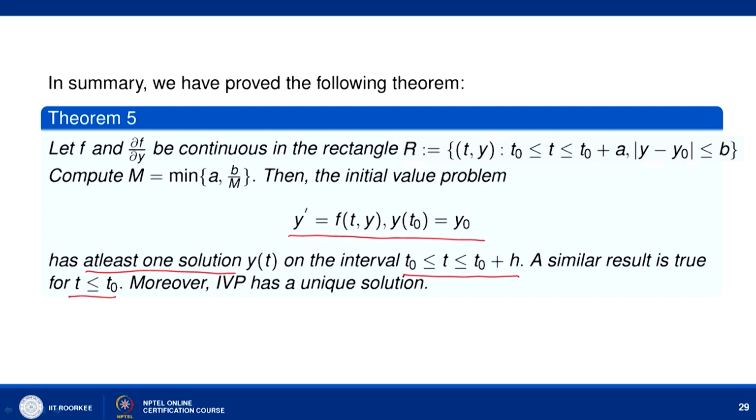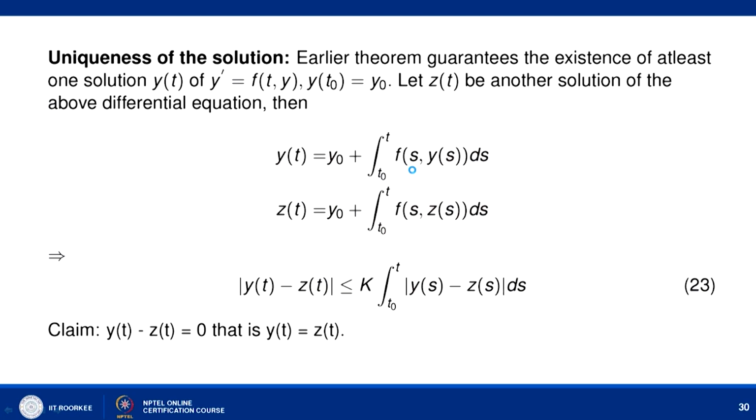We have assumed that partial f by partial y is continuous in this rectangle. That condition is sufficient to show that the solution is unique as well. To show the uniqueness part, let us consider the following thing. In this we want to prove that the solution is unique. The earlier theorem guarantees the existence of at least one solution.